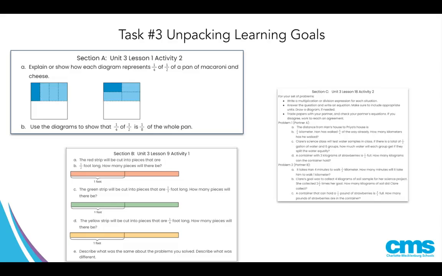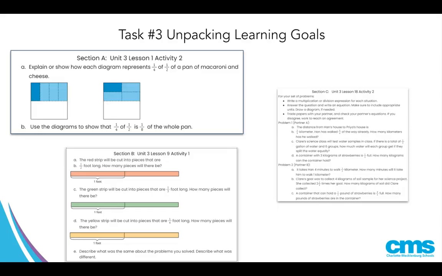The Section B tasks allow students to notice a pattern and begin to generalize a rule about division of a whole number by a unit fraction. When two wholes are partitioned into 1/2 size pieces, there are 2 in each whole, so 2 times 2 is 4 pieces.